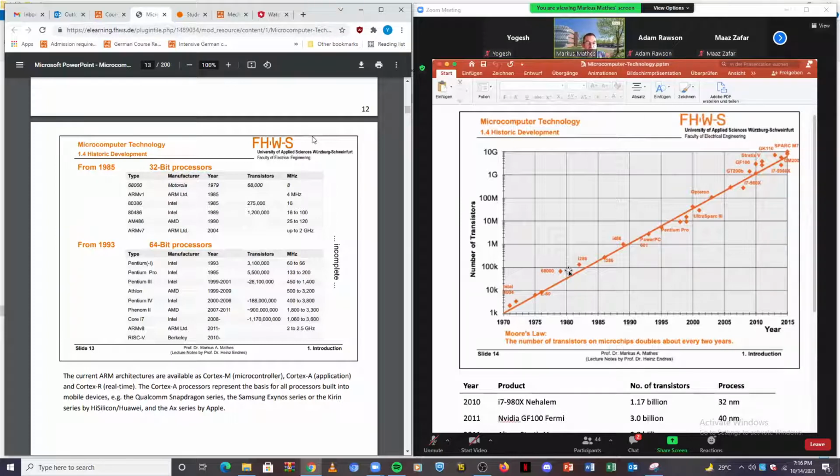So it's not possible anymore. We cannot reduce the structure size. We're running into a physical upper limit. And we will see how long Moore's law is still valid. At the moment, we're getting saturated, and we will reach the physical limit before 2030. So in 8 years, okay.